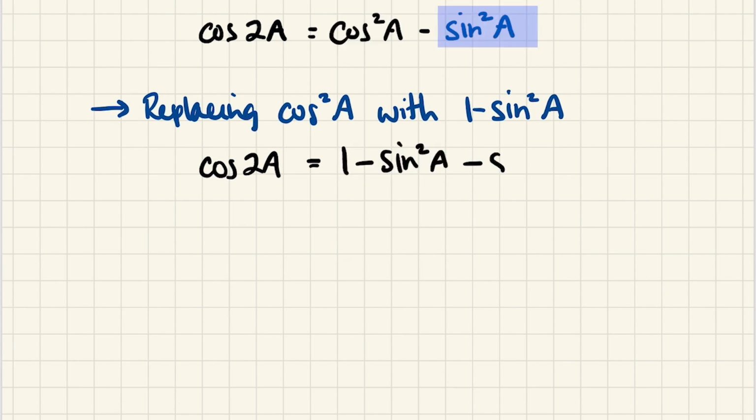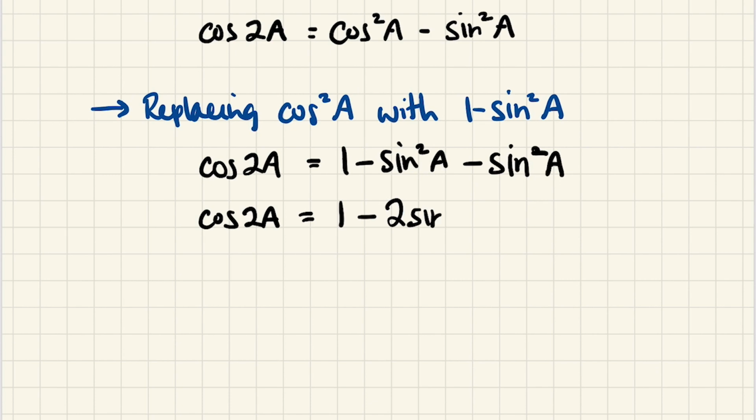And then we have another minus sine squared from this term. So we get cosine of 2a is 1 minus 2 sine squared a. And this too is regarded as a double angle identity for cosine. So this is cosine of 2a written in terms of sine.